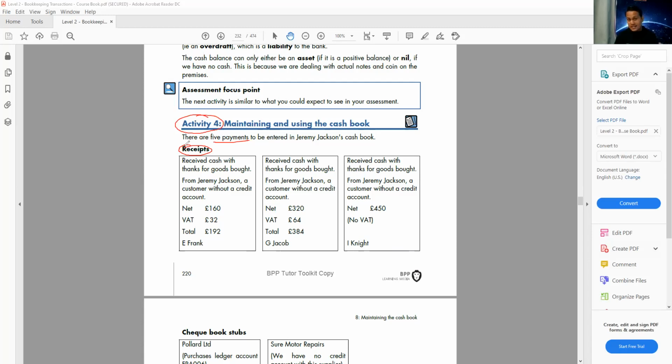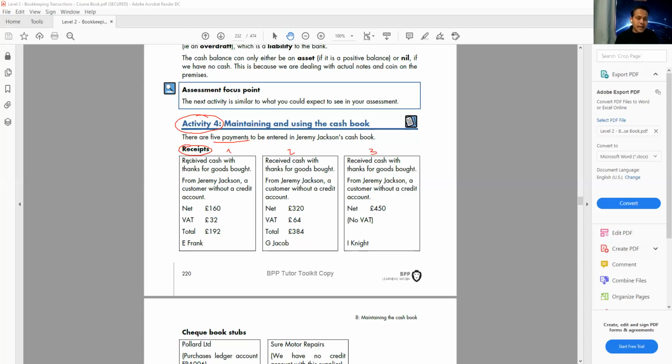For example, if you go to Tesco and buy a bottle of water and pay the money, they will give you the receipt and say thank you very much. On the receipt it says you bought a water bottle, thank you very much for buying. So this is the same story. Receipts 1, 2, and 3. So you paid for 3 transactions and you got the receipts.